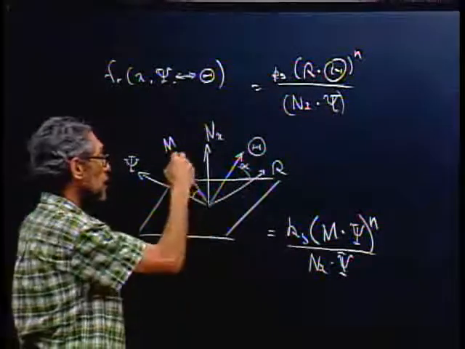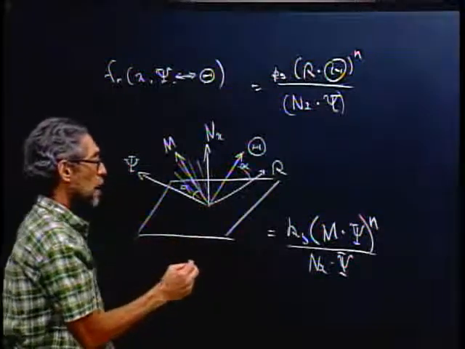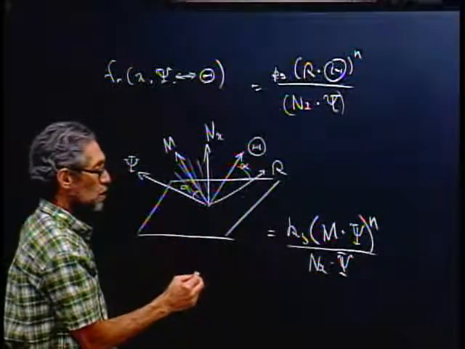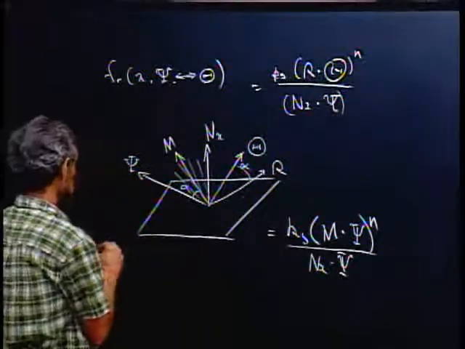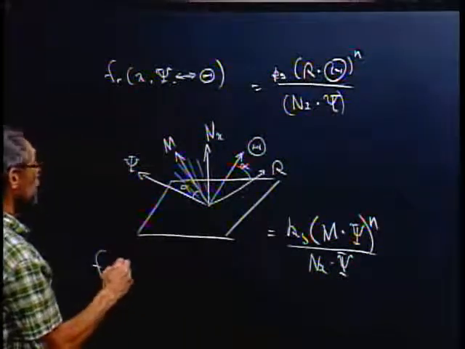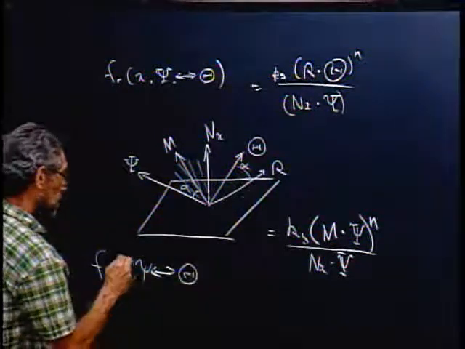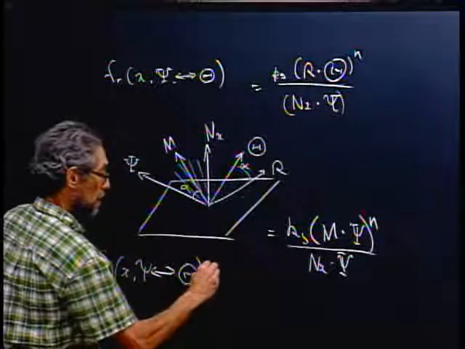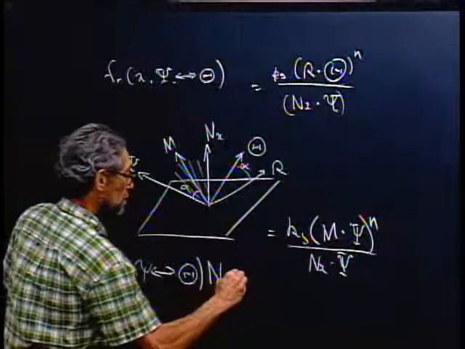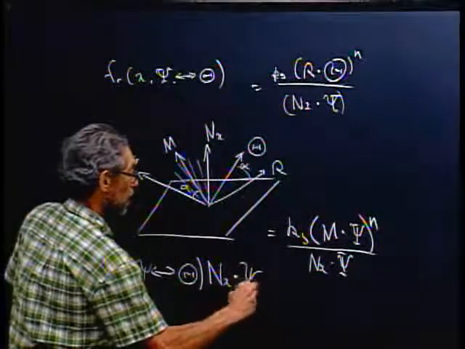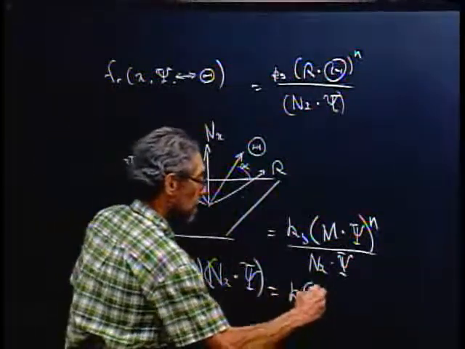So you want to generate a bunch of random rays here so that their probability distribution is proportional to this factor FR x psi theta times the cosine nx dot psi. Right?